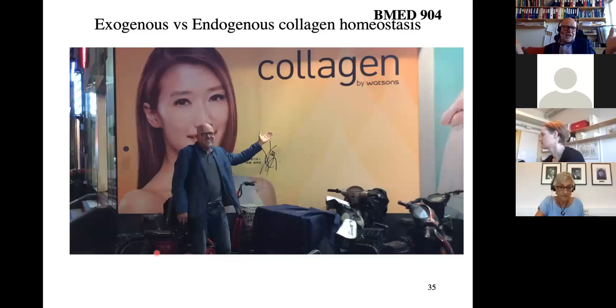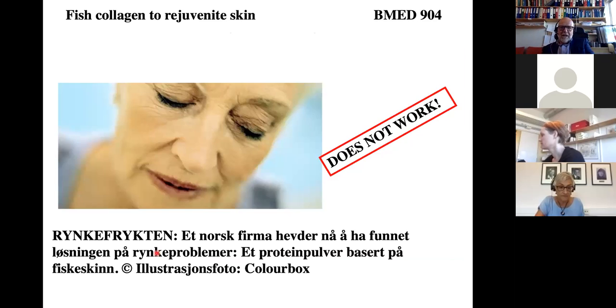So collagen is, as I said, everywhere. This is from a visit that I made in Shanghai, and right outside our hotel, we had this big sign of collagen. And if you go to any health store in the US, collagen will be everywhere.